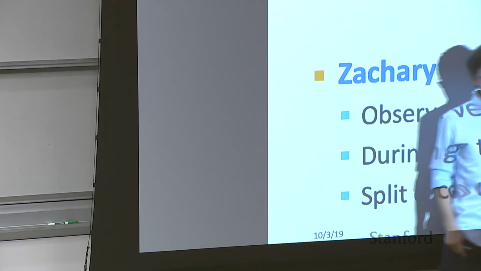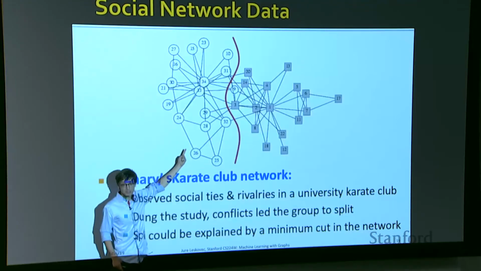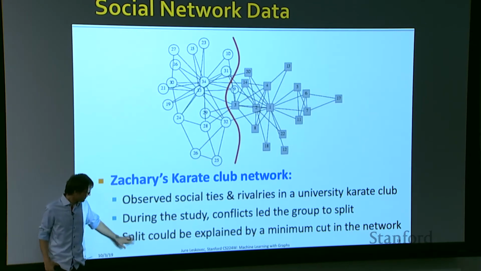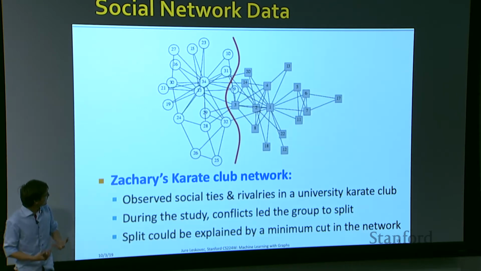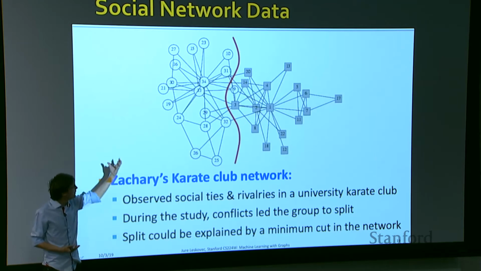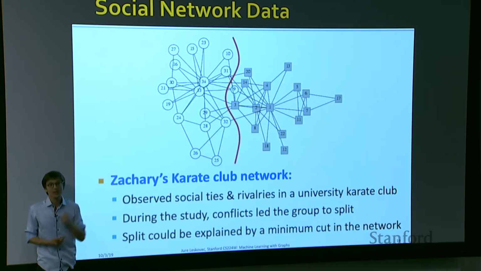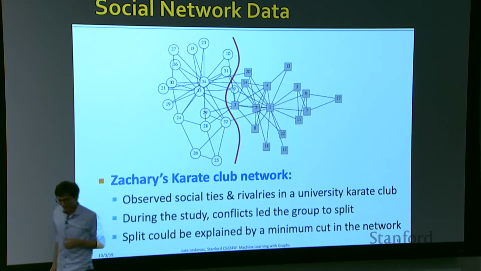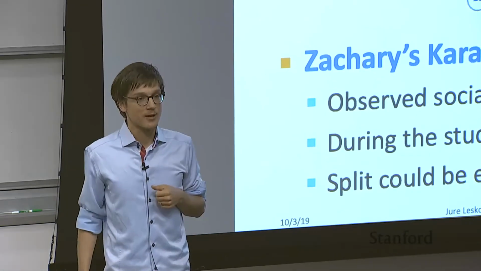This is the cut that almost perfectly predicts who will join what karate club and who will join the other karate club, right? This is one of the first pieces of evidence that the social network structure has predictive power of saying who will join one club versus another. Essentially it says what decisions people make, where to train karate or whatever else, right?